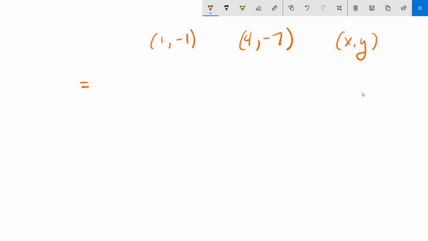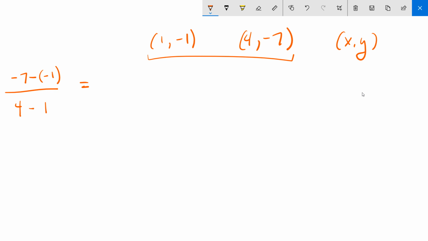For the slope, I'm going to take the difference in y's over the difference in x's for these two. So I'm going to say minus 7 minus negative 1. So I just took the difference in the y values, and I'm going to put that over 4 minus 1, the difference in the x values.